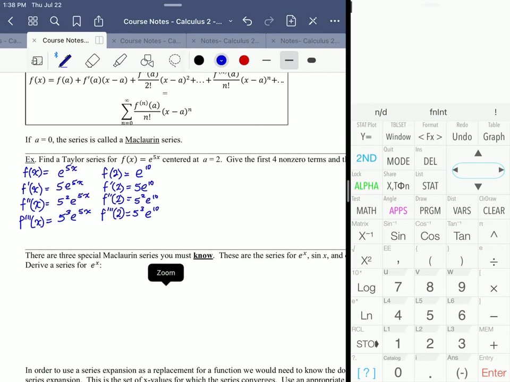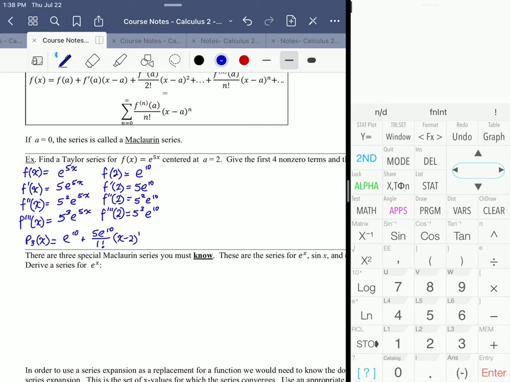All right, so if we write the polynomial, we're only going out to four terms, but that's P3 of x. It would be e to the 10th plus 5e to the 10th over 1 factorial.